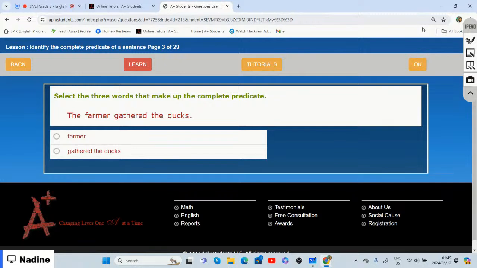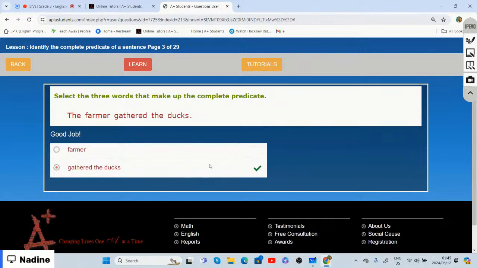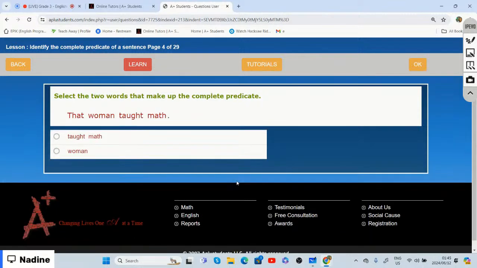So yes, we will choose the second option, which is gathered the ducks. Gathered is our verb, and the ducks tells us even more about the verb.